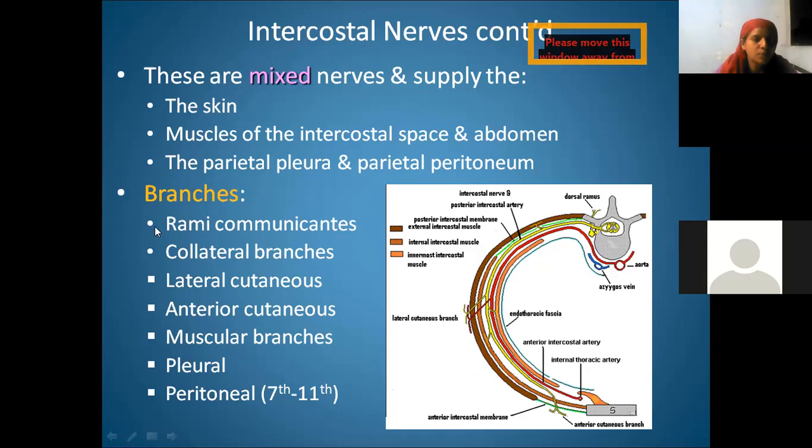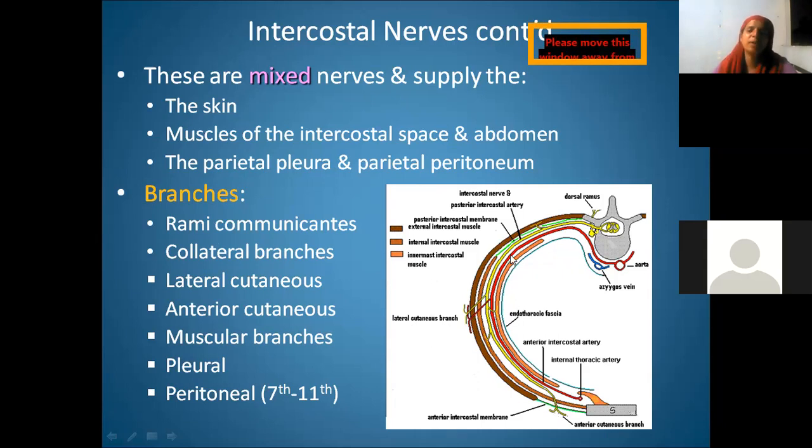Okay, now what are those? See, the branches are rami communicants. These are the rami communicants which are named. Okay, then collateral branches. Sidewise branches, what we see, they are actually called as collateral branches. Okay, lateral cutaneous branch is this. This is the lateral cutaneous. Anterior cutaneous branch is this. From front, it is coming and supplying the skin. Anterior cutaneous branch.